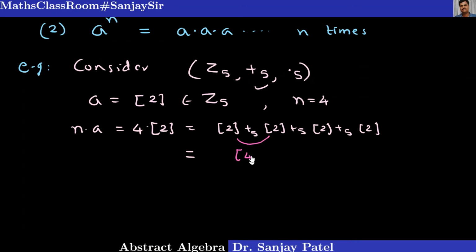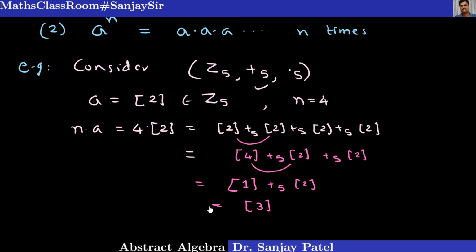So I can get 4 plus 2, using the associative property of a group. Then 4 plus 2, that is 6, and 6 is equal to 1 modulo 5. And 1 plus 2 is equal to 3, and 3 modulo 5 is 3. So 4 times 2 is 3.